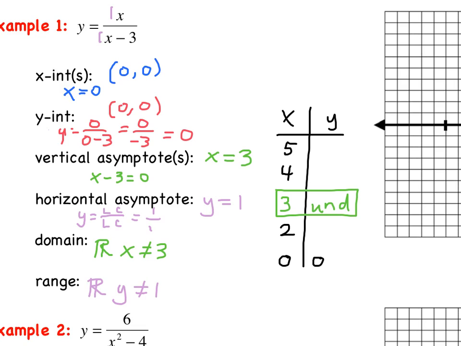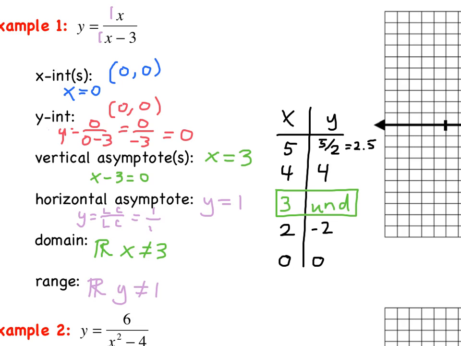So I can choose 2 just because it's close to 3. And when we plug in these points, when x is 5, we should get 5 over 2, or 2.5. When x is 4, you should get 4. When x is 2, we should get negative 2.